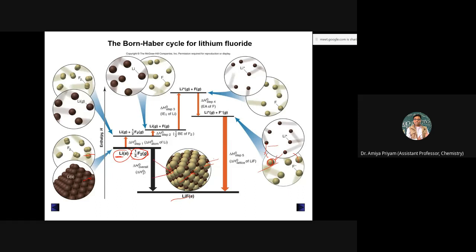Yes. And we are assuming it to be happening in multiple steps because if electron is going from lithium to lithium plus, then ionization energy is involved.